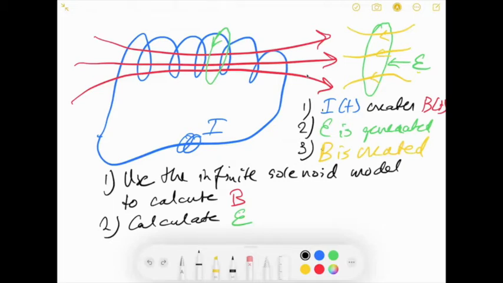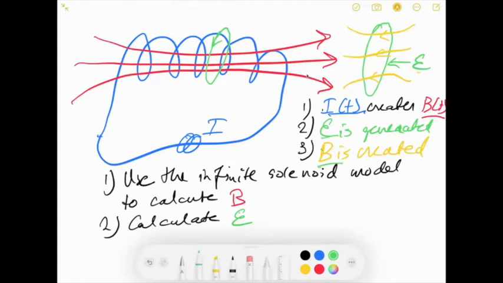But yeah, the idea is there's an induced EMF in the green loop, and it'll be there because the time varying current generates a time varying magnetic field, and that generates a time varying flux, and therefore we get an EMF, and therefore we get a B. Now, we're going to do that for the very idealized situation where we have an infinite solenoid model.